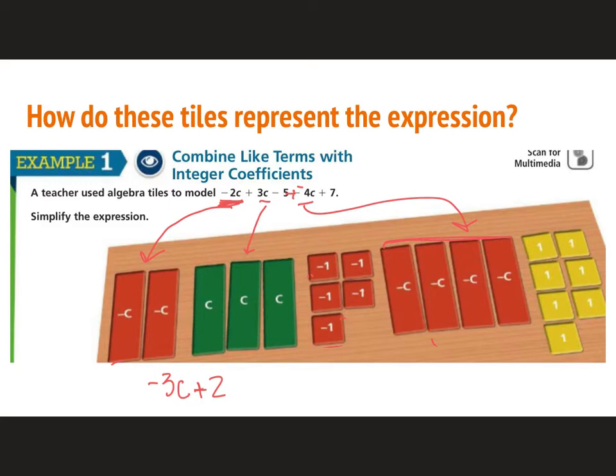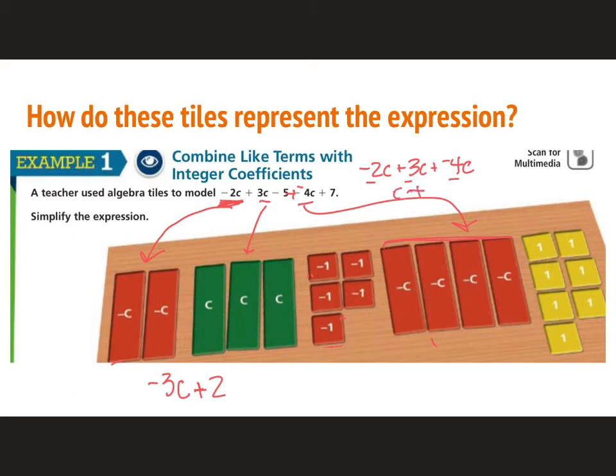So if we were to rearrange this and put the like terms together, so negative 2 and positive 3 and negative 4, and put them together, if we just combine the coefficients and look at those numbers, so negative 2 plus 3 is positive 1, right?